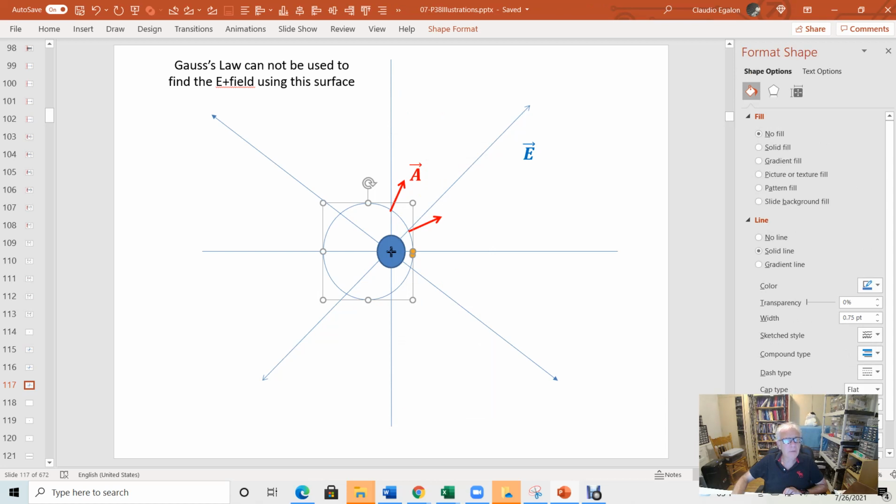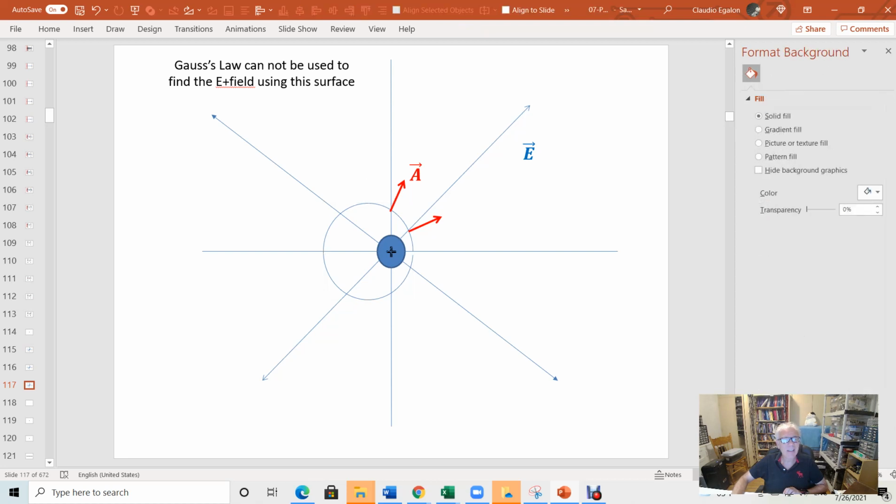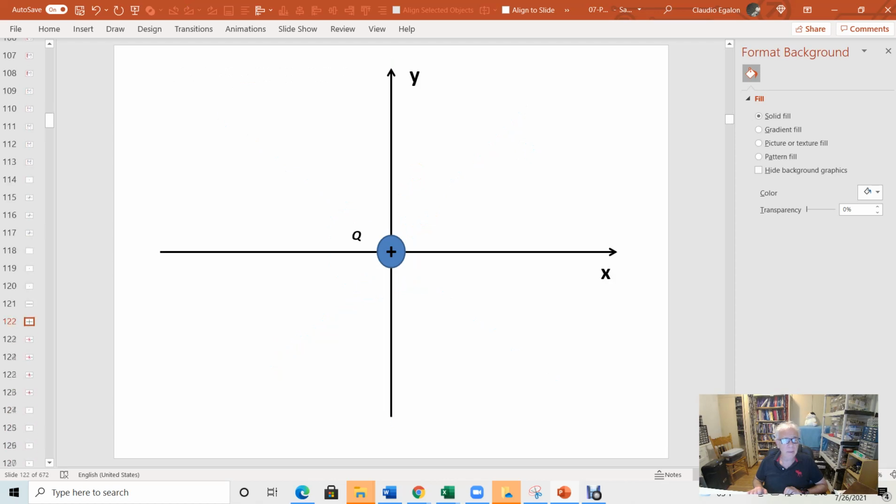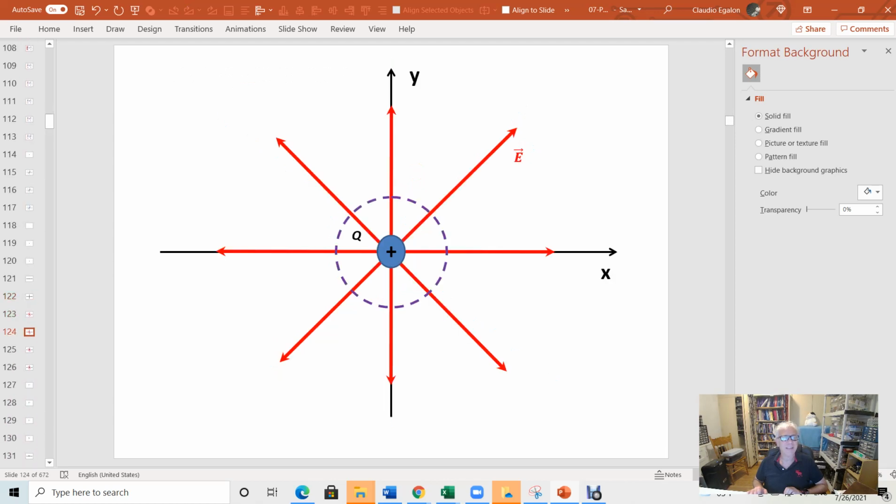It means that I didn't choose the proper Gaussian surface. It would be very difficult to calculate the electric field for this type of Gaussian surface, which, by the way, is not symmetric. So what do we do? We come up with a better Gaussian surface, one that's centered with respect to the electric charge. Do you see that here?